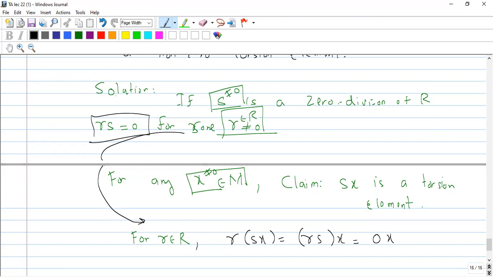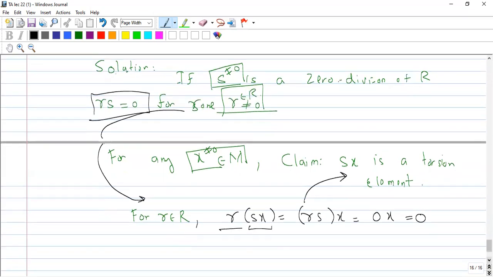So it is equal to 0 into x, which is equal to 0. So multiplication of r with sx is equal to 0, which shows that sx is a torsion element. So not a very difficult exercise.